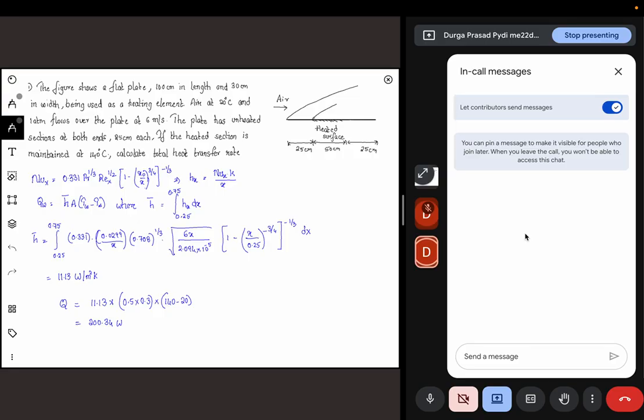So if you are integrating over, say, 100 centimeters, there is a particular point after which delta T by delta might be greater than 1, and here delta T by delta is less than 1. So then you will have two different regions. In the first region, you have to use the first correlation, and for the second region, you have to use the different correlation. How to do that is something that we have not covered up until now in these lecture videos.